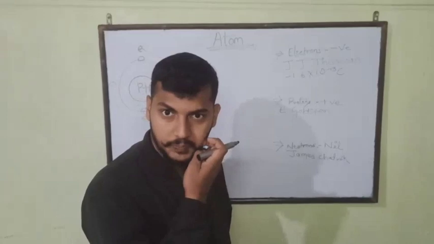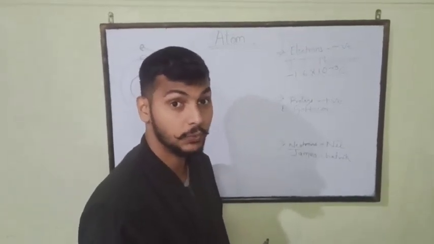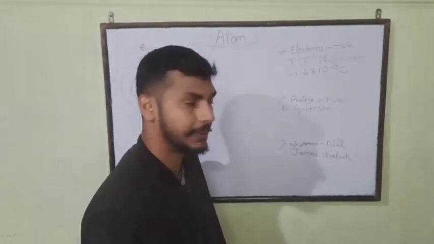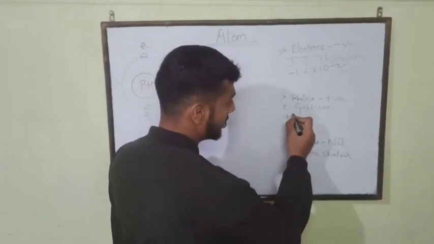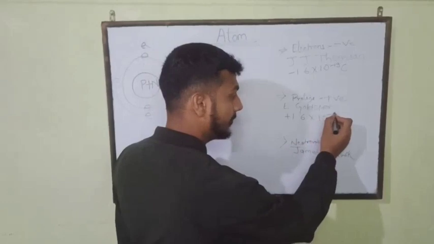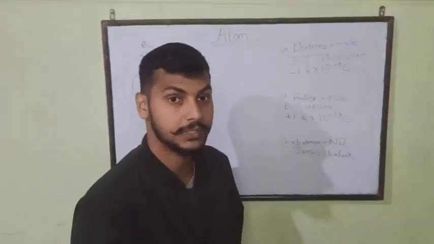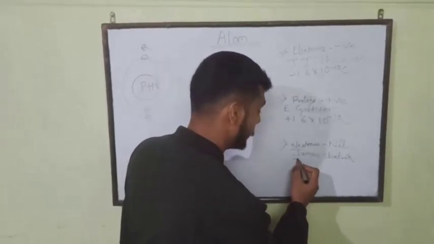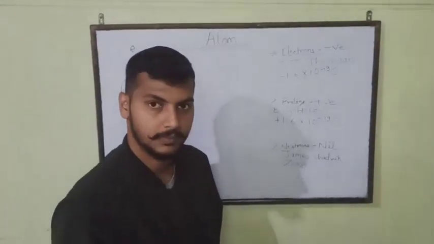Do you know electrons and protons both have equal and opposite charges? So you don't have to remember separately the charge on a proton. It's just plus 1.6 into 10 to the power minus 19 coulomb. And as we have discussed earlier, neutrons are nil charged, so they have zero net charge.